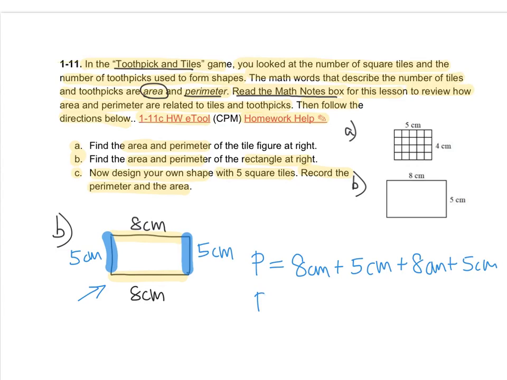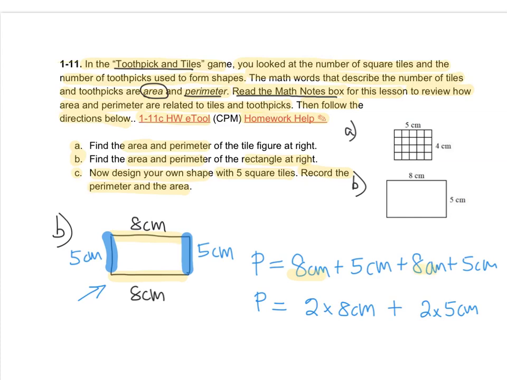Another way I could have written it is I have 2 groups of 8 centimeters, and then I also have 2 groups of 5 centimeters. I could see them on top as well. So there's the first group, second group of 8.